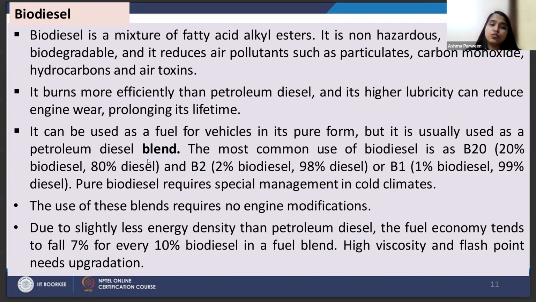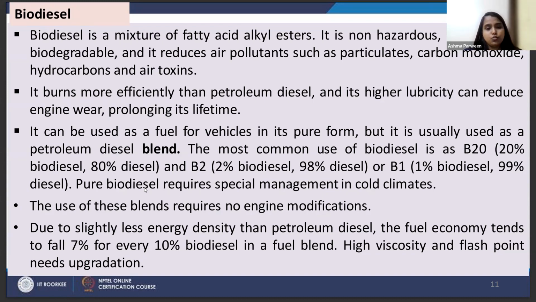Biodiesel can be used for vehicles in pure form, but generally it is mixed with conventional diesel and used in blend form. The most common is B20. B20 means 20% biodiesel and 80% diesel.